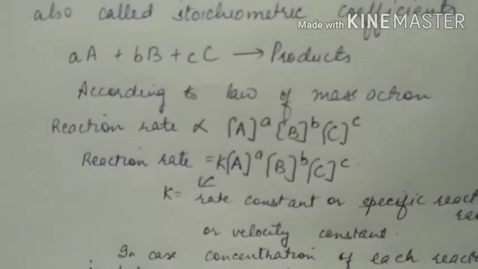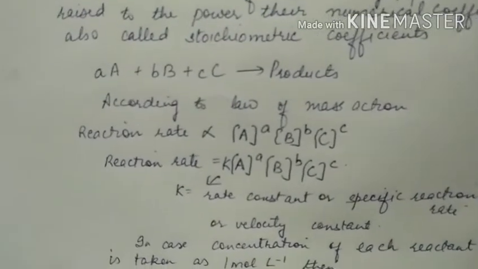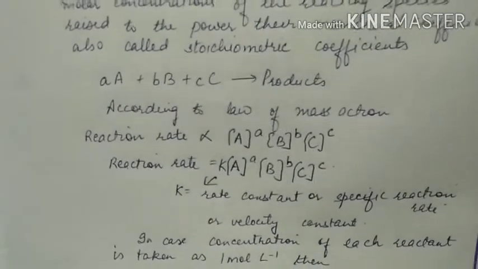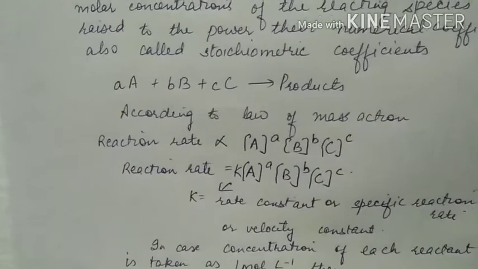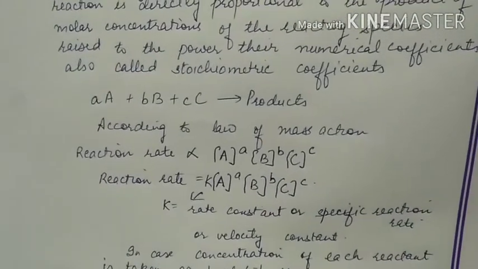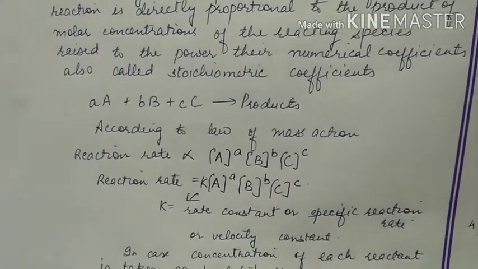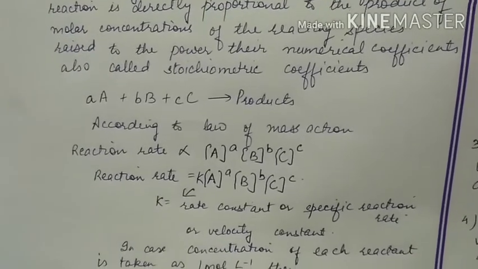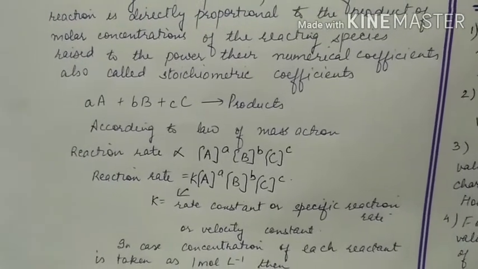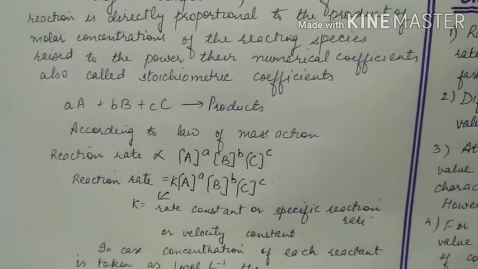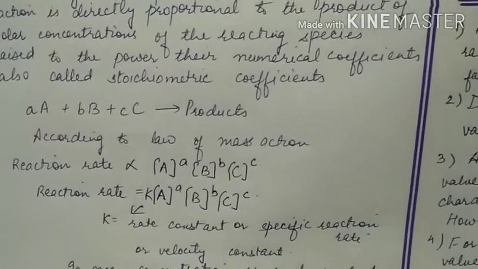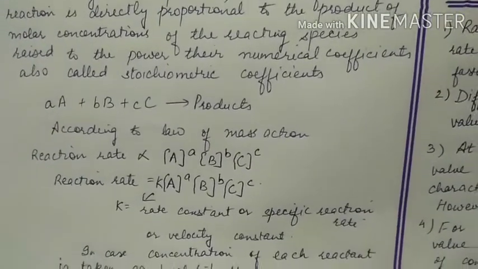So to remove the sign of proportionality, we get reaction rate is equal to K, rate constant, into concentration of A raised to power a into concentration of B raised to power b into concentration of C raised to power c, and K is the constant of proportionality. It is called rate constant.